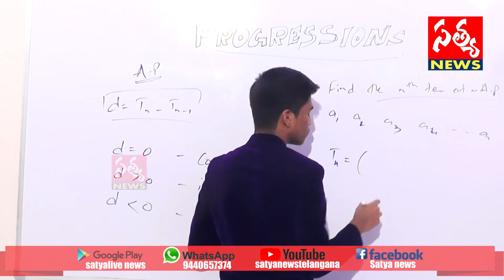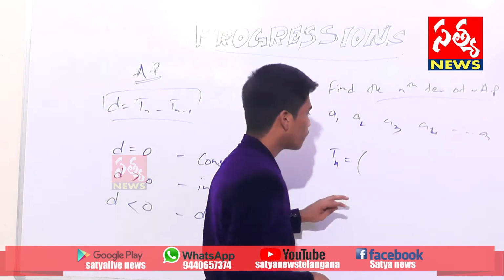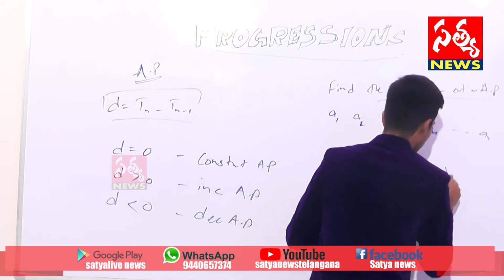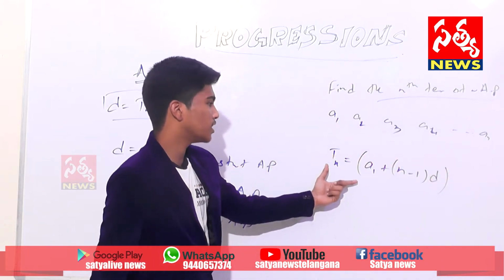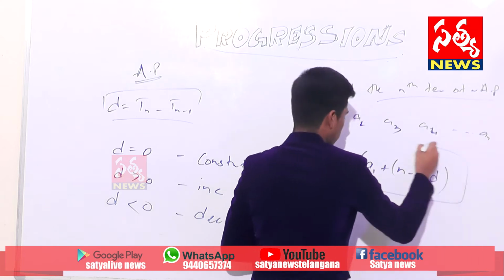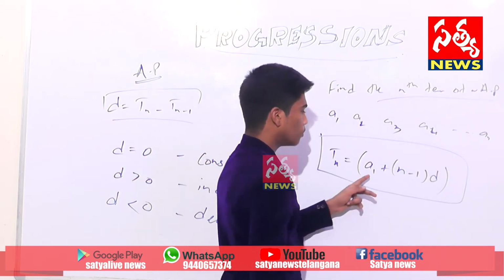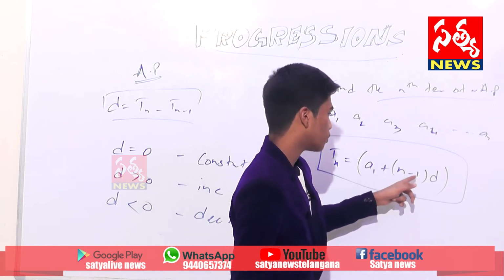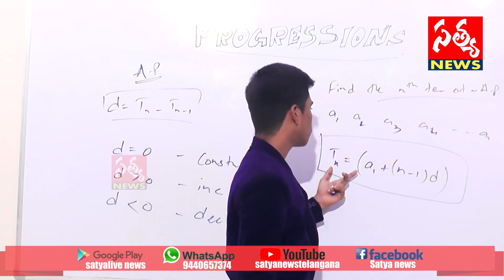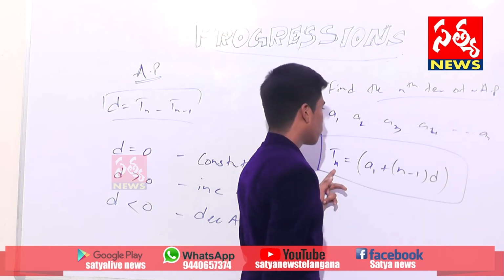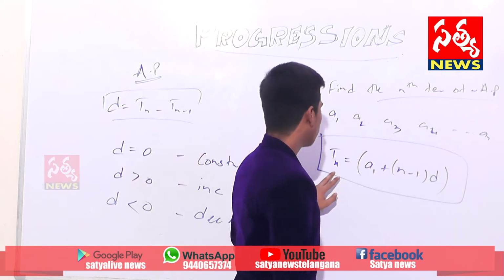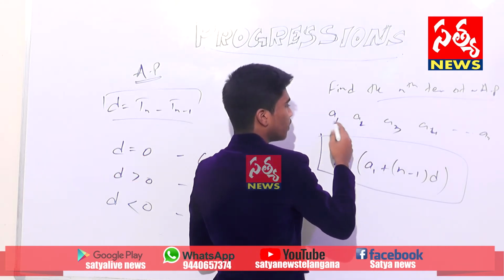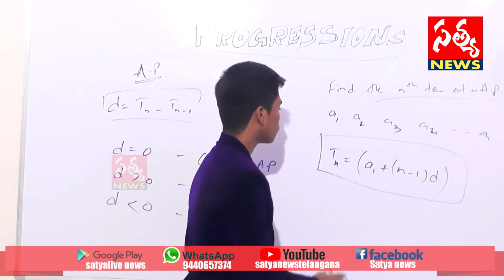The formula for it is A1 plus n minus 1 into D. The value of the nth term is equal to A1, the first term, plus n minus 1, where n is the term which we require, and D is the constant difference between two consecutive terms.